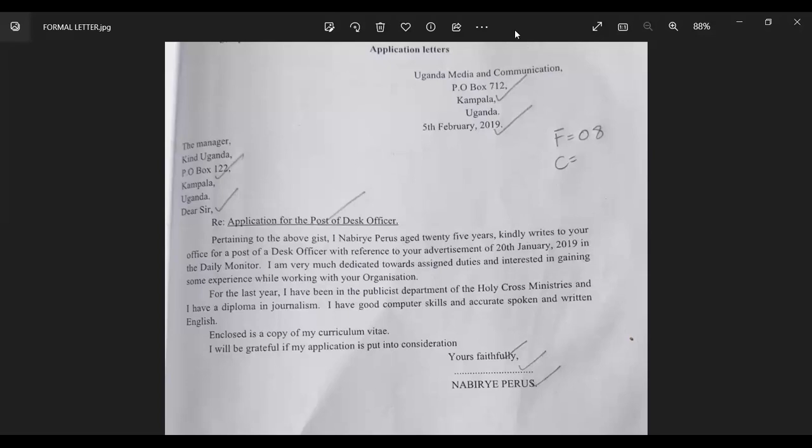Our address, the addresser's address, is written with a slanting format, as we said in our previous letter. So our address is there, our date is there, the addressee's address is there. Now the difference between these addresses is this one is slanting, whereas this one is written in a straight line.